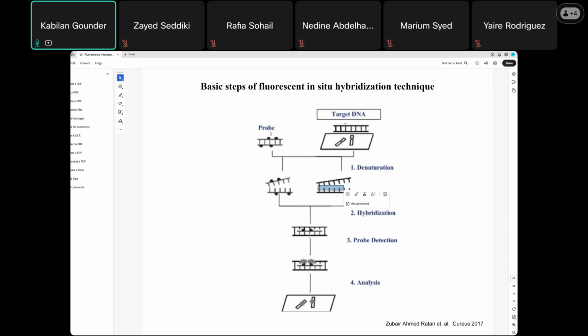Once you have established the hybridization, then you can detect the probes. So you can see the probe integrated into the target DNA of your interest. And then you can go on with the study in the sections, to see how it behaves in the events.